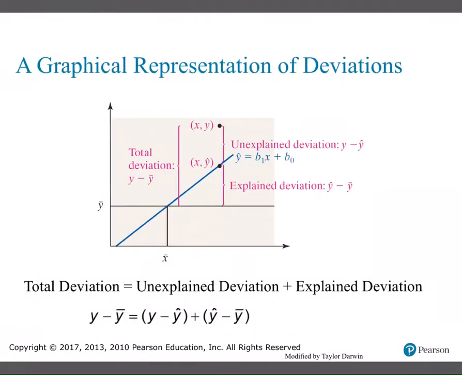This is just a graphical representation of what I was just explaining, where the blue is our predicted line. The y bar is your average, and it shows you what the total deviation, explained deviation, and unexplained deviation look like in a picture.